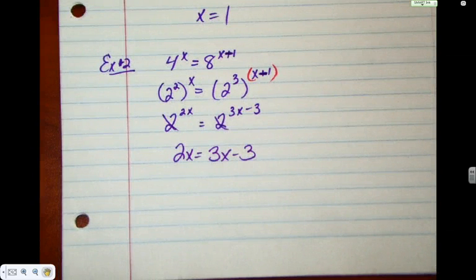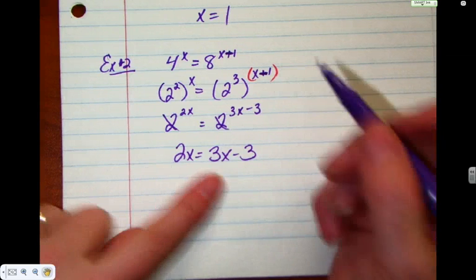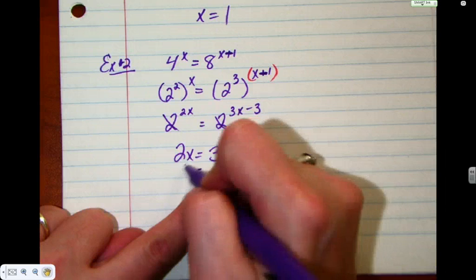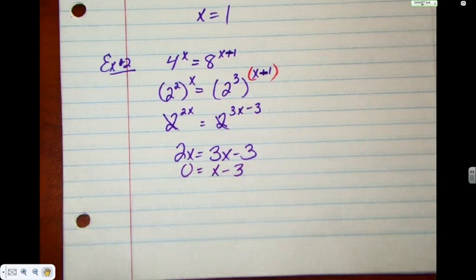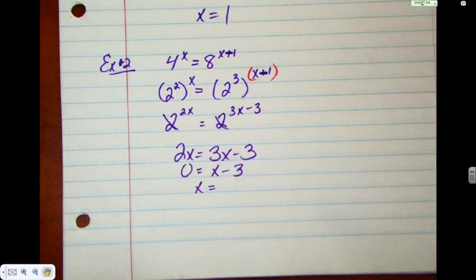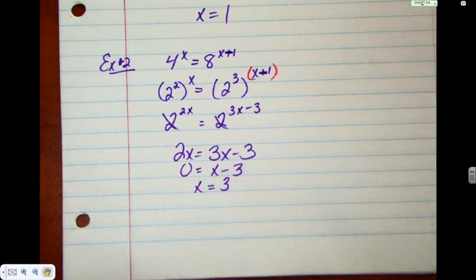Is x to the left or x to the right? Ooh, to the right, okay. Check it.